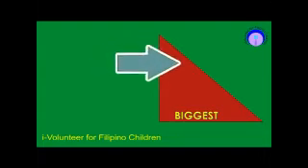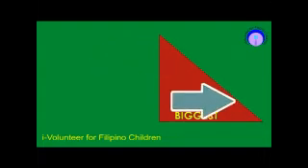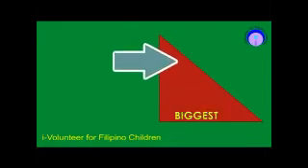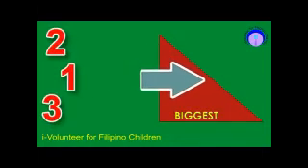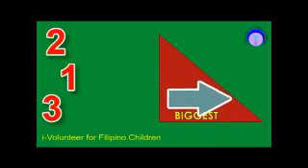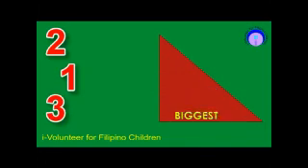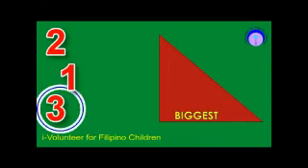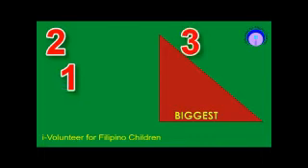Dahil hinahanap natin ang biggest, uunahin natin ang pinakamalaking digit mula sa taas pababa. Alin sa mga digits ang pinakamalaki? Yes, 3 is the biggest digit. Dahil ang 3 ang the biggest digit, ilalagay natin sa taas.